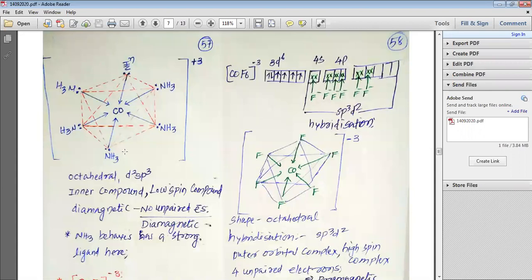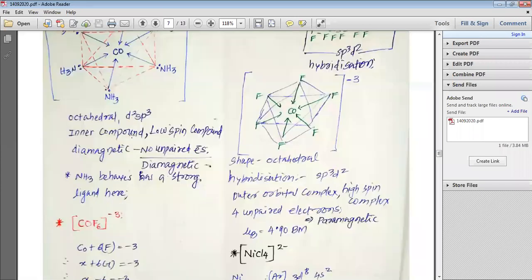You can see the octahedral structure shown in the figure, my dear students. It is an inner complex because the inner 3d orbitals are used. It is a low spin complex because all the unpaired electrons have been paired, so the spin has decreased, and it is diamagnetic because no unpaired electrons are present.